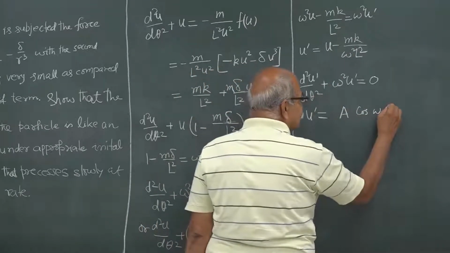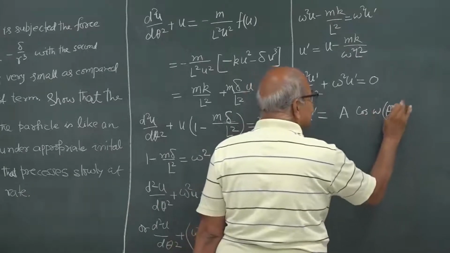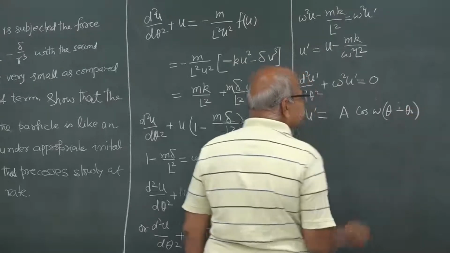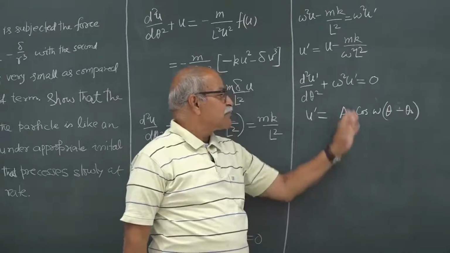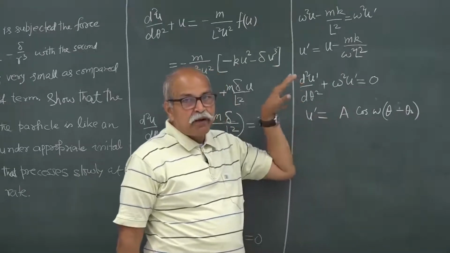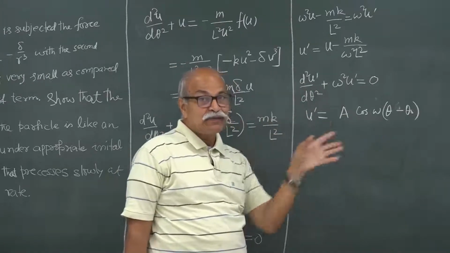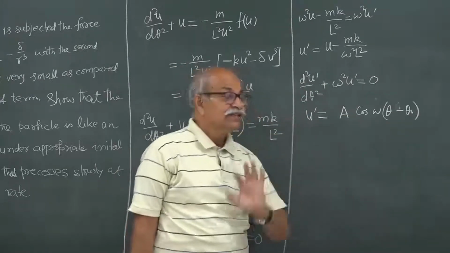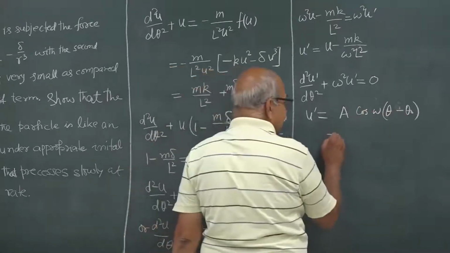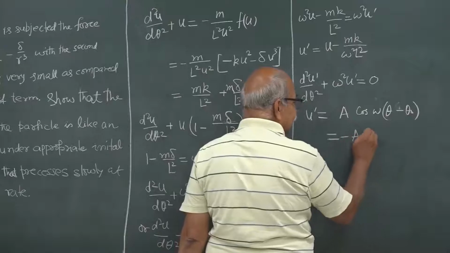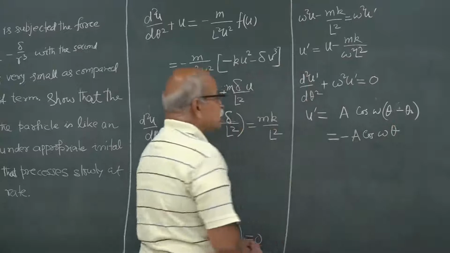So, cos of omega theta minus theta naught or theta plus theta naught, like this. So, these are the two constants of integration from here, and by properly choosing theta equal to 0, that means properly choosing the x axis, you can make this quantity whatever you like, and I will be doing it like a minus a cos omega theta. So, that is u prime.